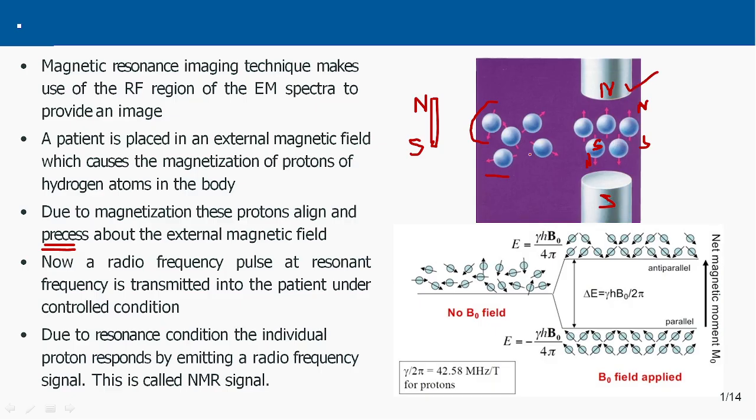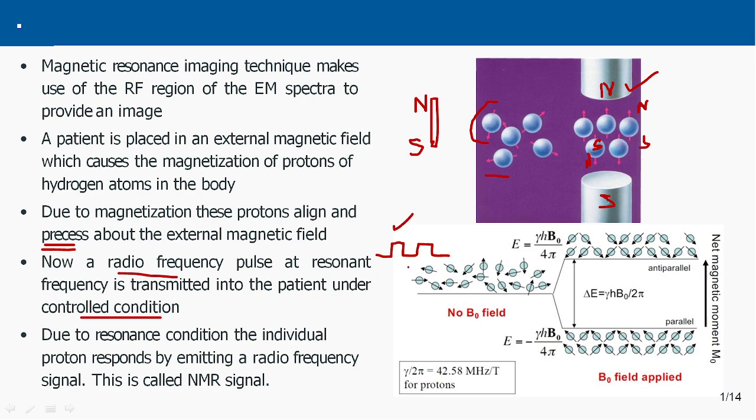Now, once they have aligned, one RF signal or RF pulse has to be sent at resonance frequencies, transmitted into the patient under a controlled condition.